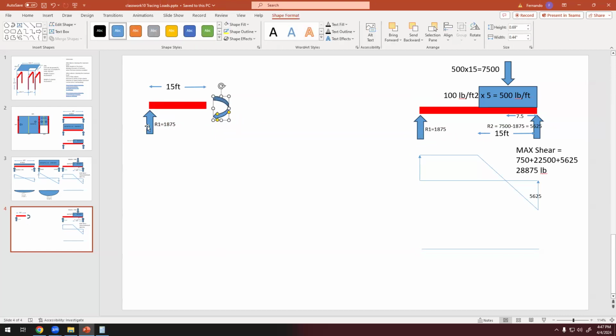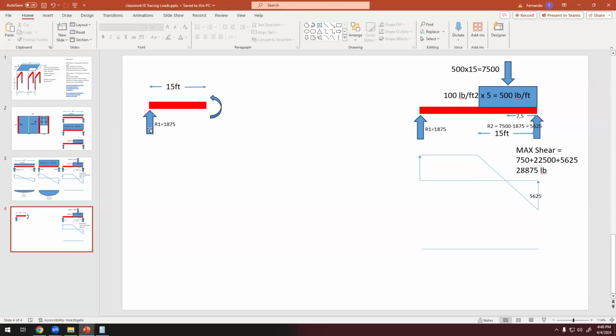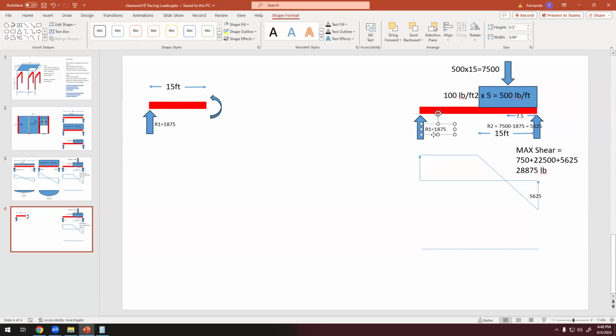But there's something inside the material that has to be the opposite rotating direction. If the bending moment is that way, that means that we have tension here and compression there.